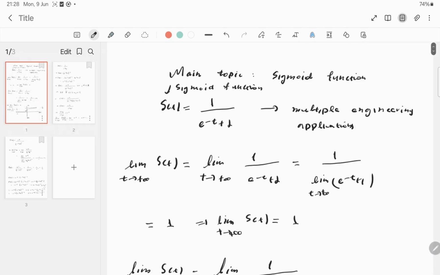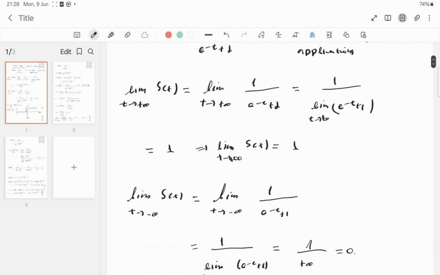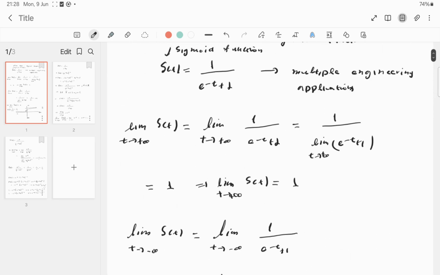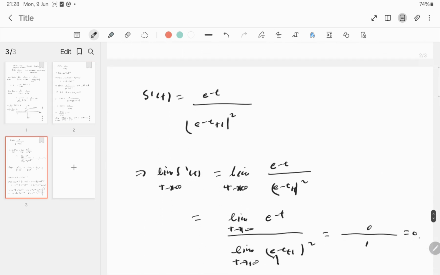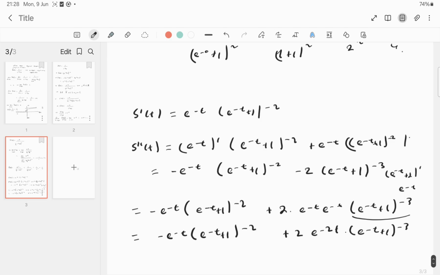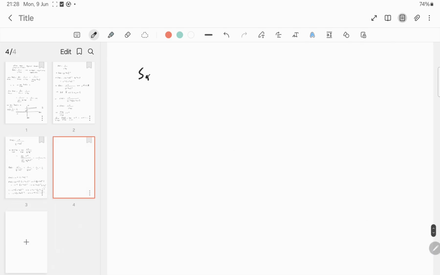This function is very important in various engineering applications, and there is also ongoing research on what happens if the base is not e, Euler's constant, but another number. There are functions S_a of t of the following form.